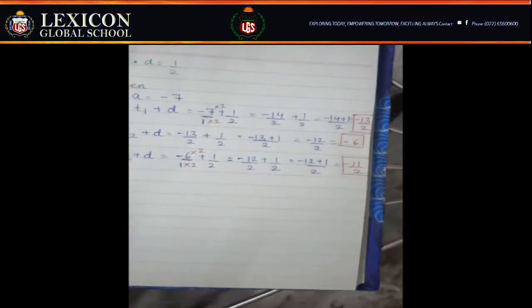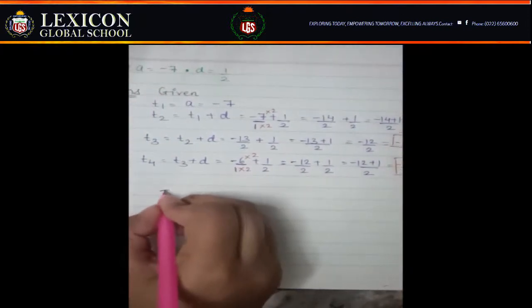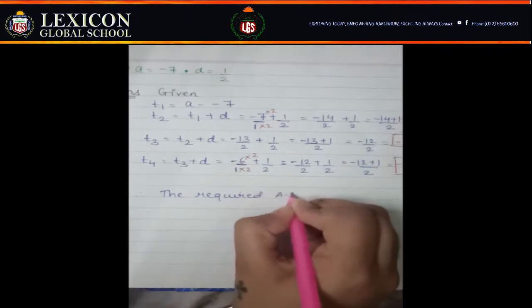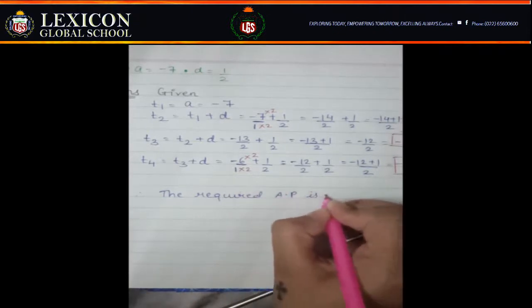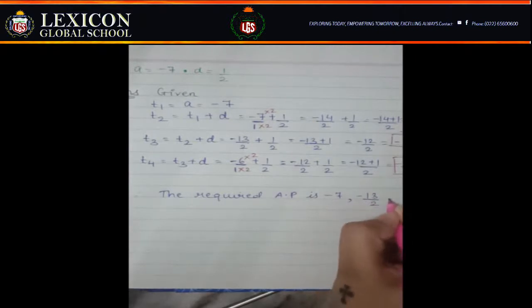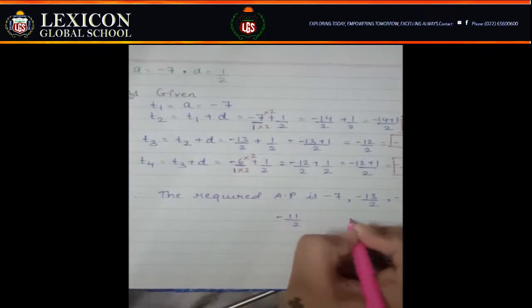So this is your required AP. So what is the required AP over here? Therefore, the required AP is minus 7, comma, minus 13 upon 2, comma, minus 6, comma, minus 11 upon 2, and so on.